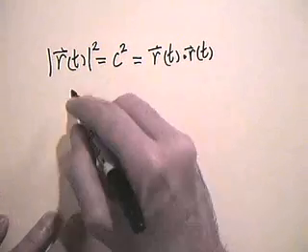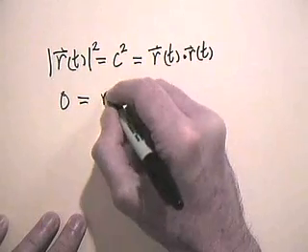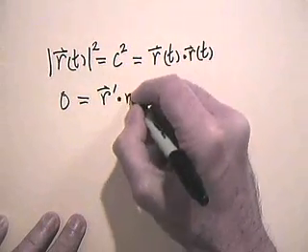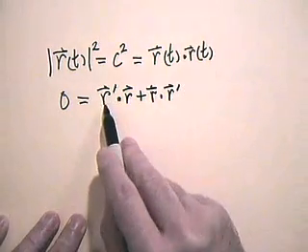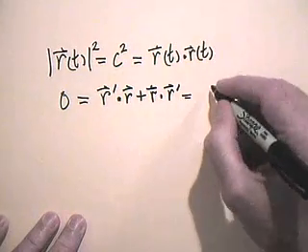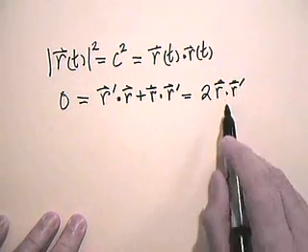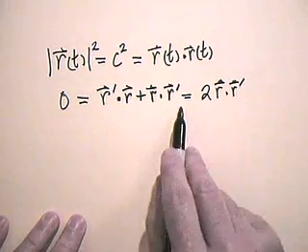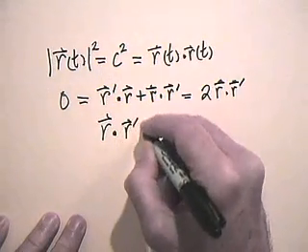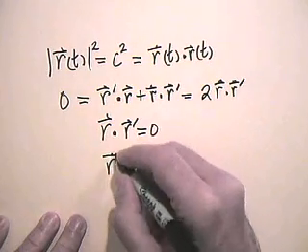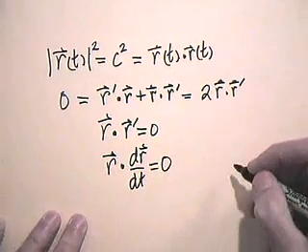The derivative of the constant is 0, but the derivative of the dot product would be r prime dot r plus r dot r prime. The order of the dot product doesn't matter, so this is 2 r dot r prime. Consequently, if 2 r dot r prime is 0, r dot r prime equals 0, which is the same as saying r dot dr/dt equals 0.